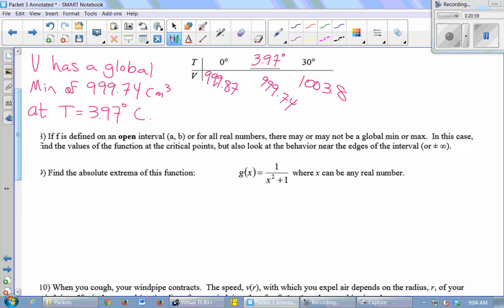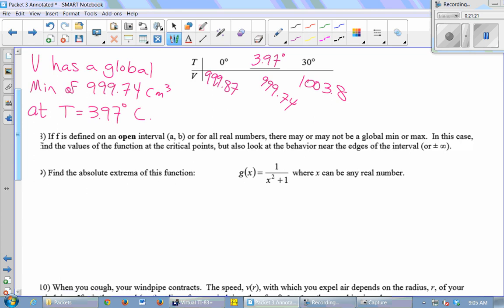So in this case, find the value of the function at the critical points, but also look at the behavior of the edges of the interval, close to that open parenthesis. Sometimes that might be towards plus or minus infinity. Sometimes it might be close to a number like C in one of our earlier examples.